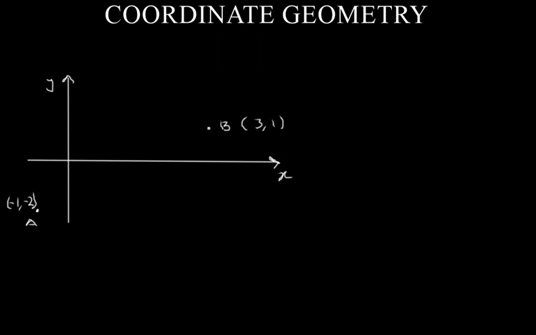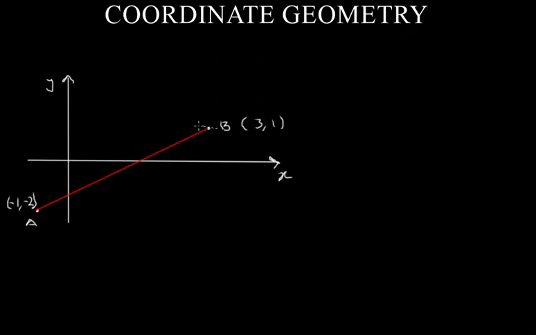So the first thing that we would do is join these 2 points, point A and point B, by drawing a line stretching from point A to point B. Right? Then upon doing that, let's also draw lines that are cutting the x and the y axis.